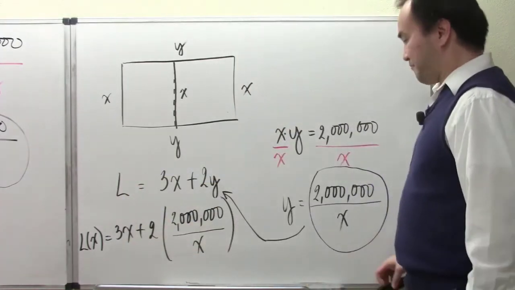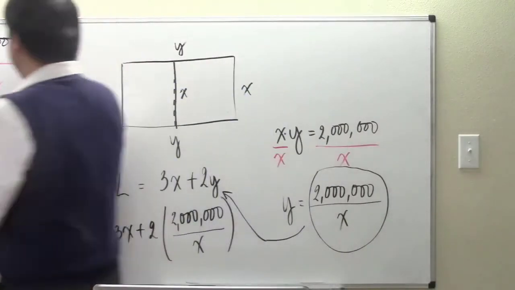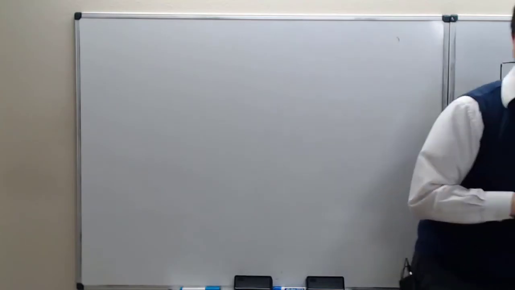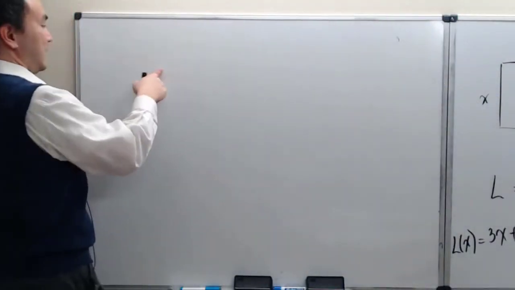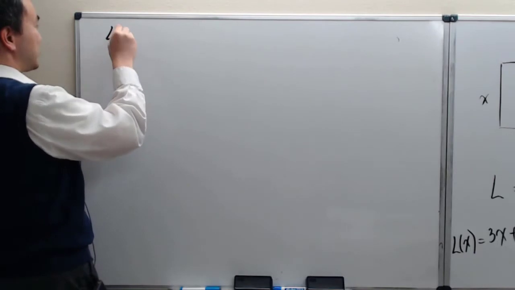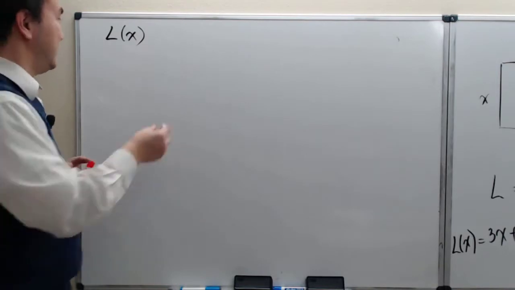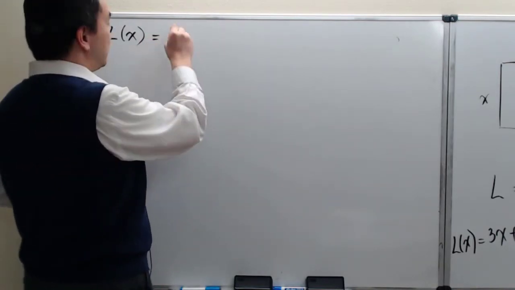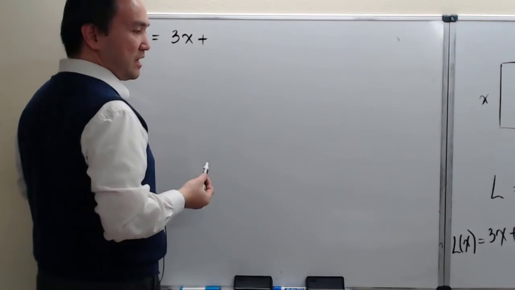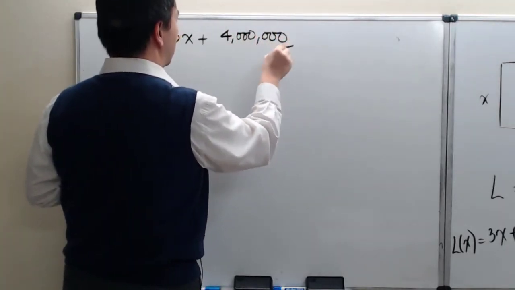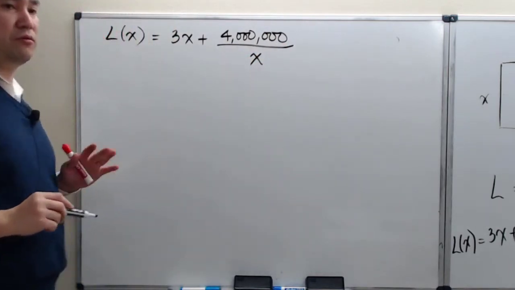So let's rewrite it, L of x. L here is for linear length of fencing, and here we're looking at 3x plus 2 times two million, which gives me four million, over x. It's now a function completely in terms of x.